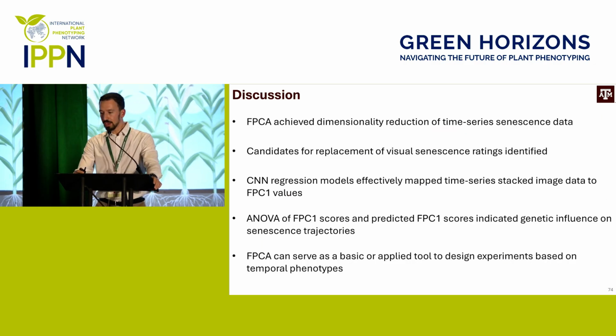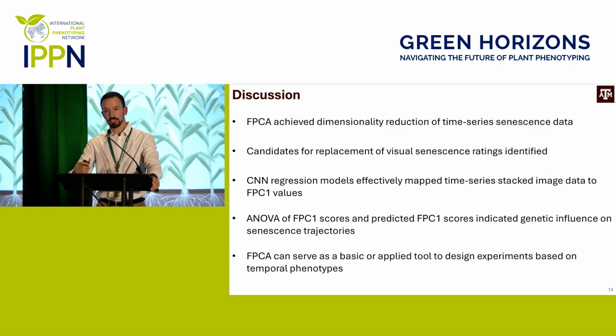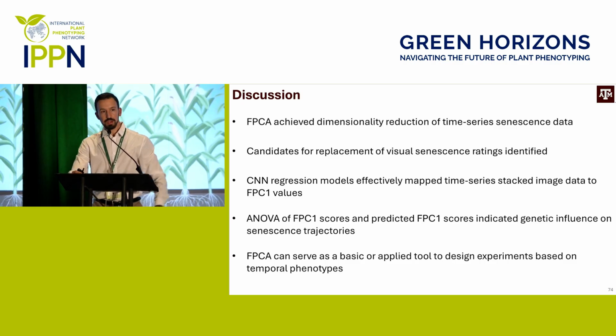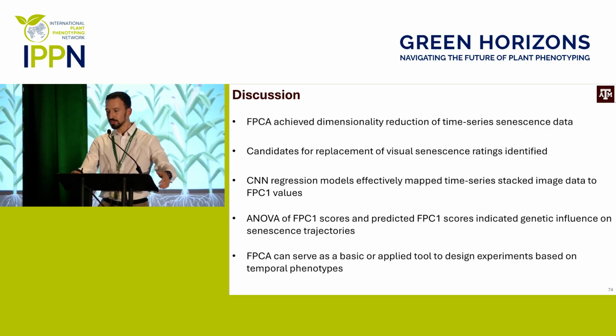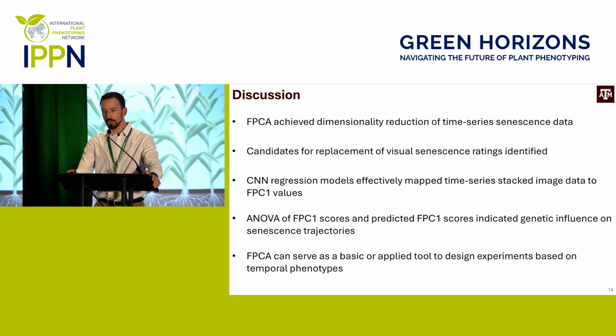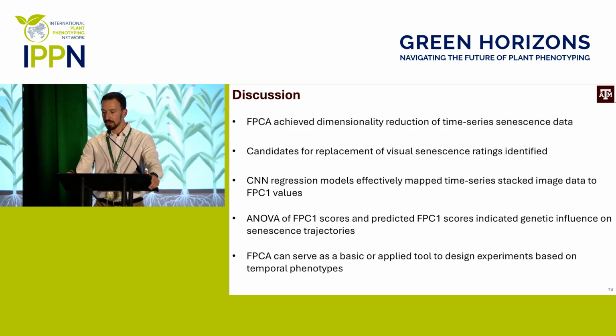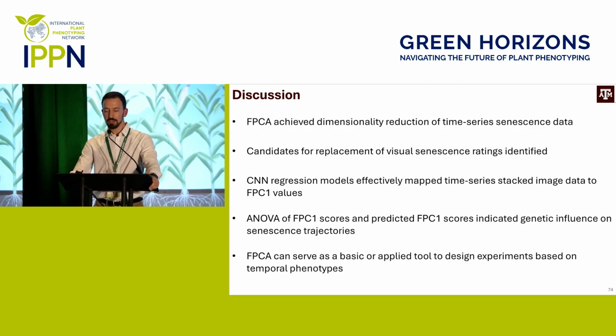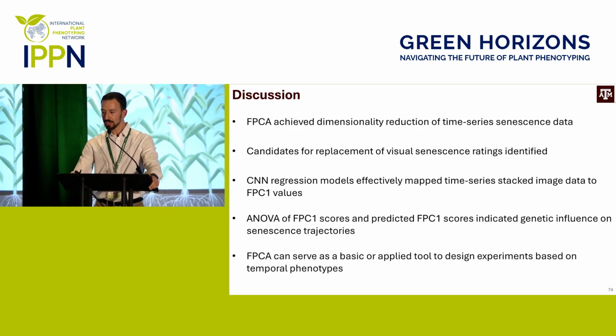So again, to wrap up, we were able to use FPCA to significantly reduce the dimensionality of our time series data set while simultaneously recovering the underlying phenotype. We found candidates for replacement of visual senescence ratings with those two indices, although TNDGR did substantially better. The regression models were able to, in most cases, map back the time series image stack to the FPC1 score, which was a summary of our temporal senescence phenotype.